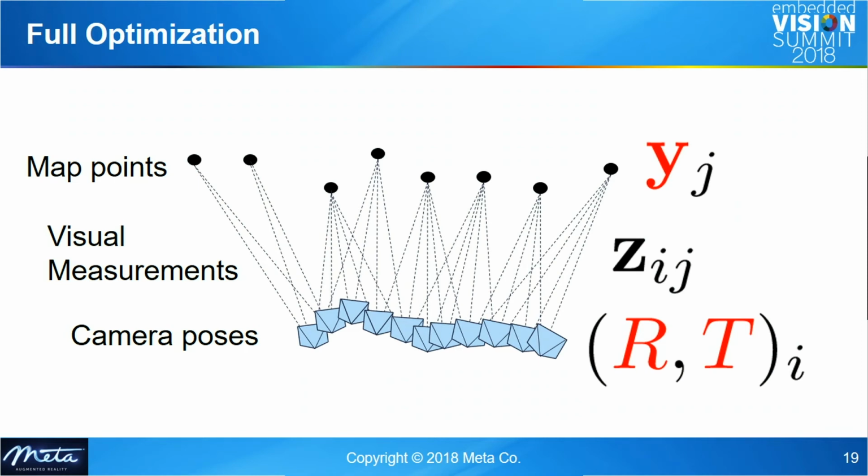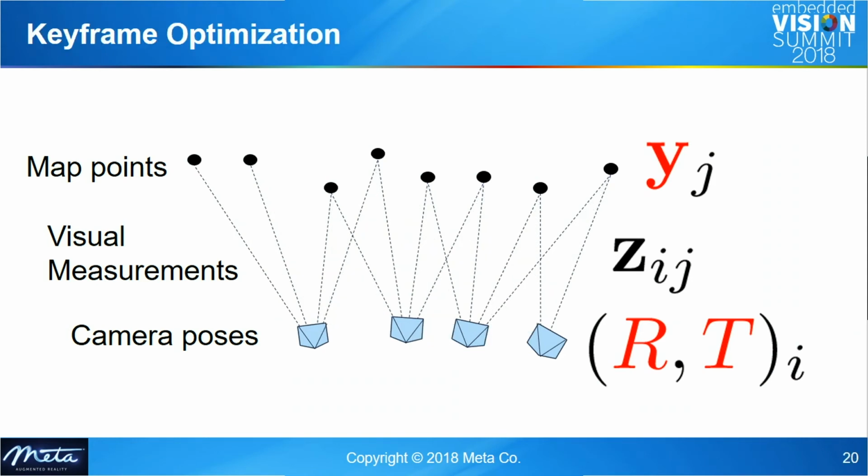And in full SLAM, or in full structure from motion, we would actually try to find all of these camera poses and all of the 3D points around us. This very quickly becomes intractable. We might have the camera running at 60 frames per second, so there will soon be way too many camera poses to solve for.